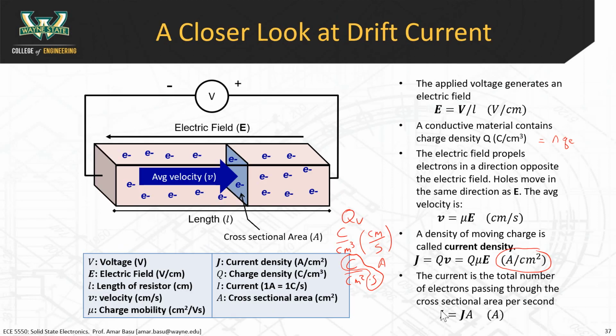Now in semiconductors, keep in mind that there are also holes in addition to electrons. We do the same analysis for holes, and the two effects superimpose on each other. You calculate the current due to electrons and the current due to holes separately, and sum them to get the total current.